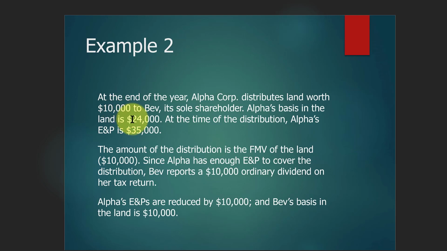Here it says that they have enough earnings and profits to make this $10,000 value taxable to the shareholder. Again, you don't want to do this, otherwise you would have a loss that the corporation cannot recognize. So you probably should sell this property to a third party and use the cash proceeds to pay out a cash dividend to our shareholder.